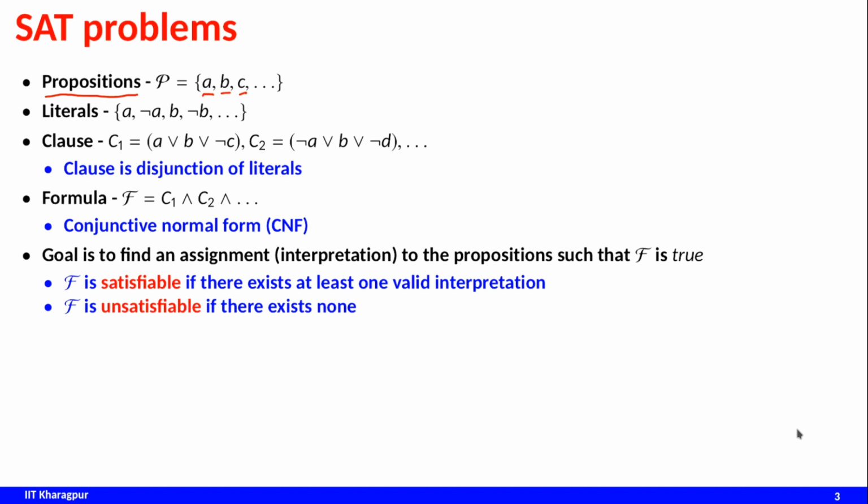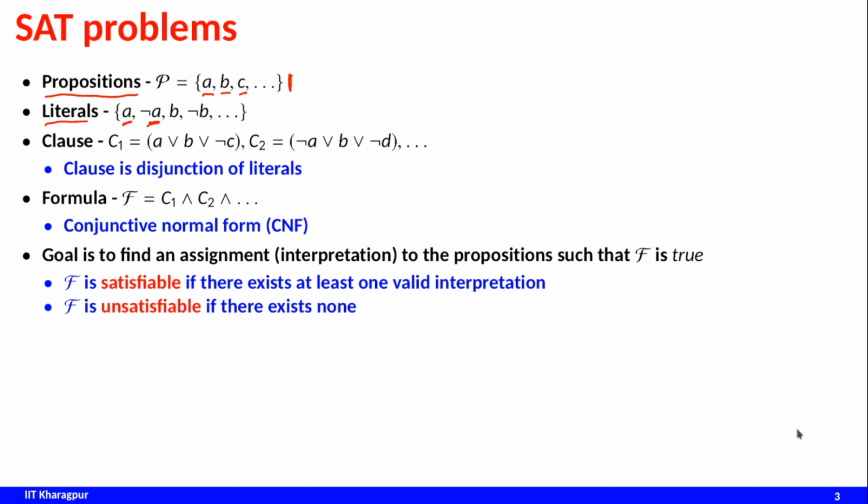We define the set of variables, and once we define the propositions, we define the literals in this way. That means a variable can be in the positive form or in the negative form. That will be there for every such variable.